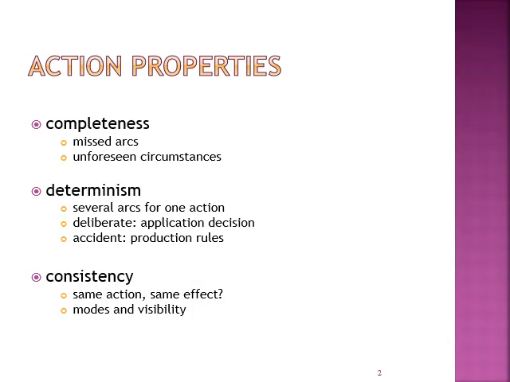Third property, that is known as consistency, checks whether the same action results in the same effect always. An inconsistent interface reduces memorability and learnability, thus reducing the overall usability.